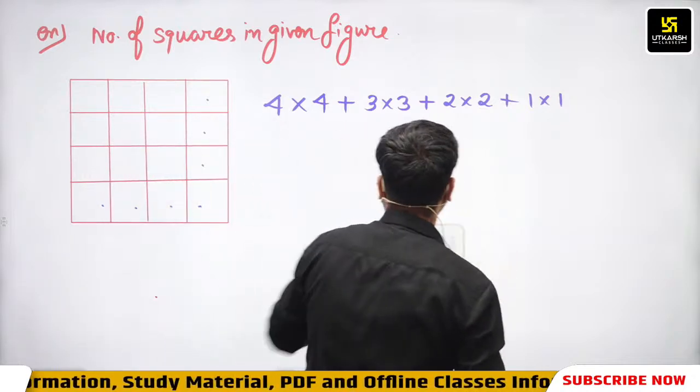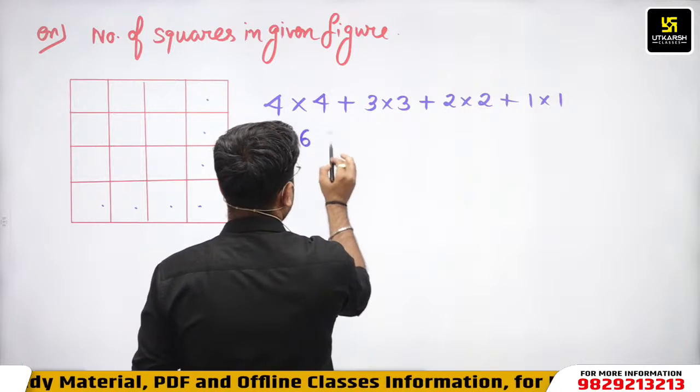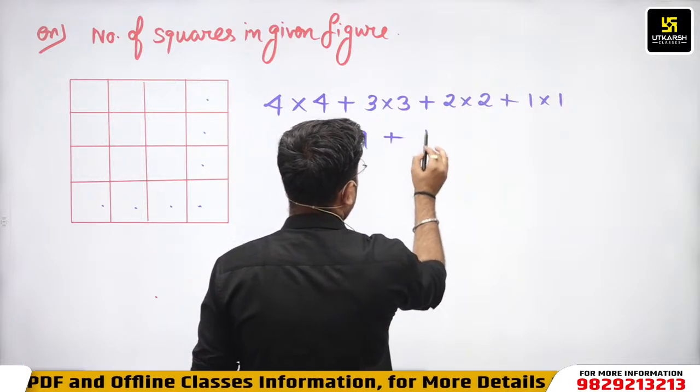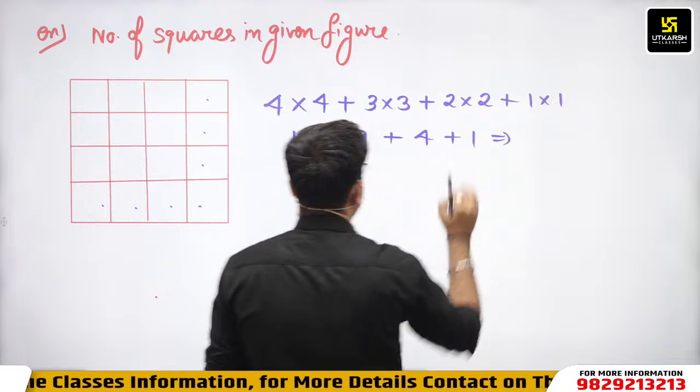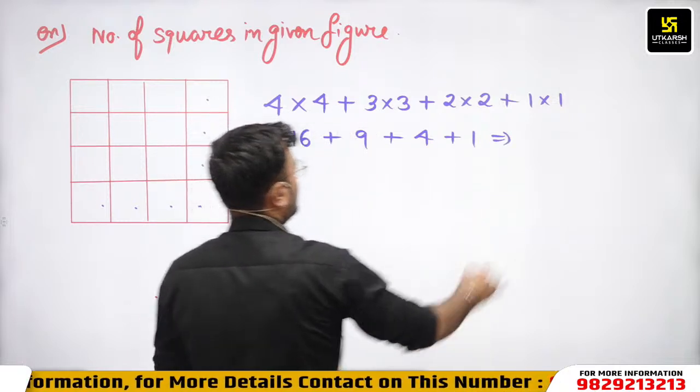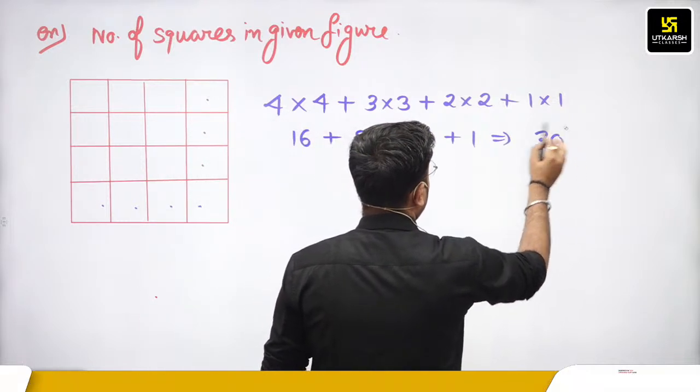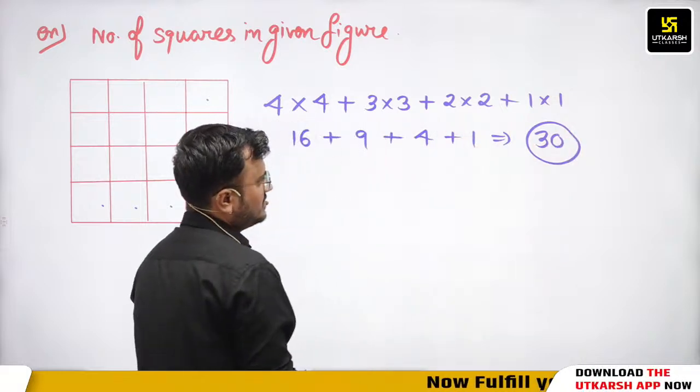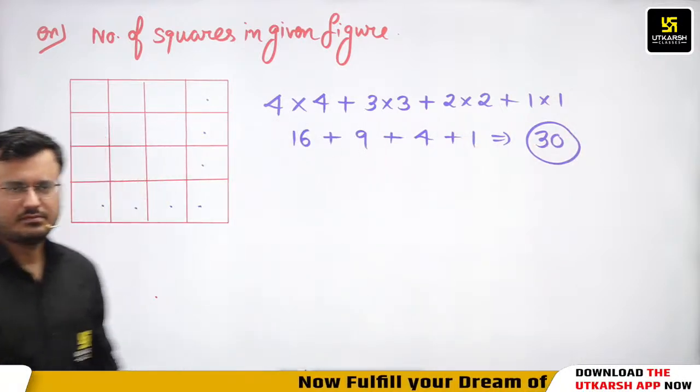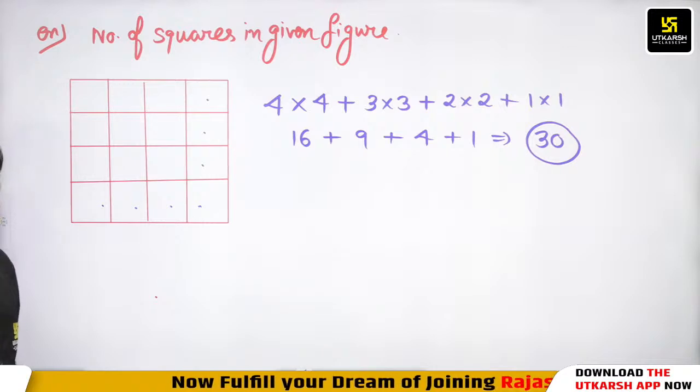Now multiply all these numbers: you will get 16 plus 9 plus 4 plus 1. So total how many squares are there? Total 30 squares are there in this figure.